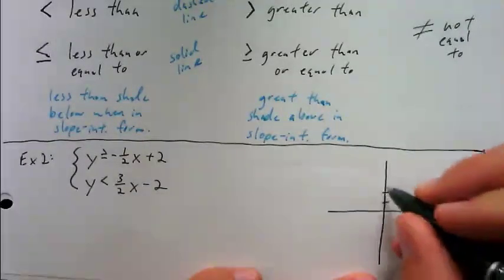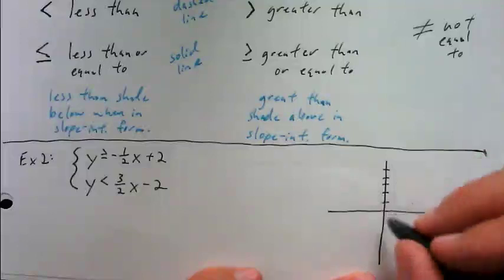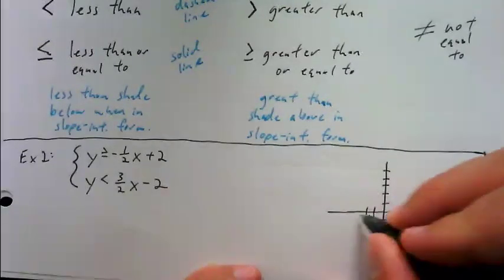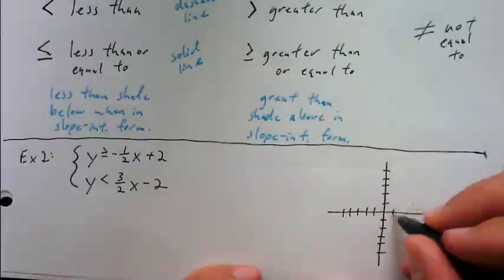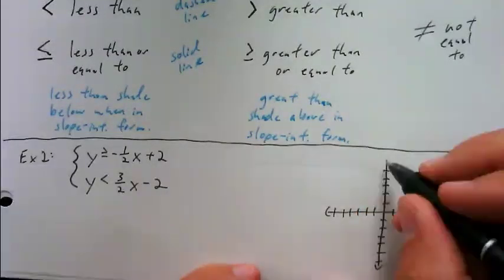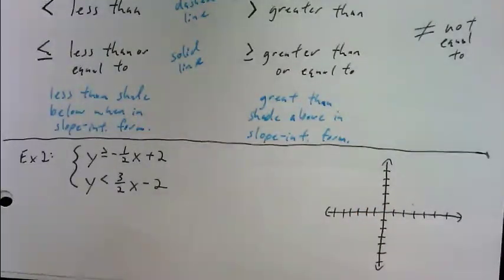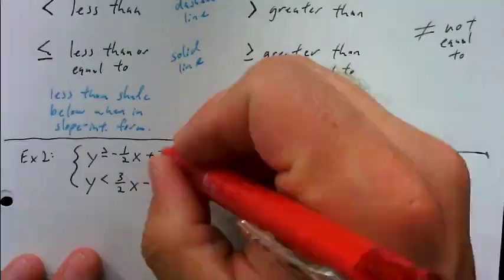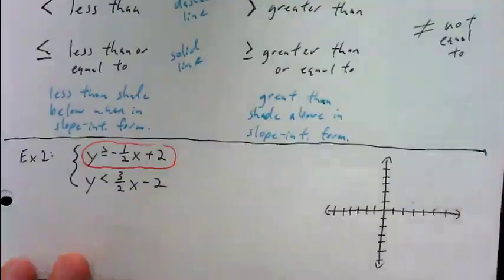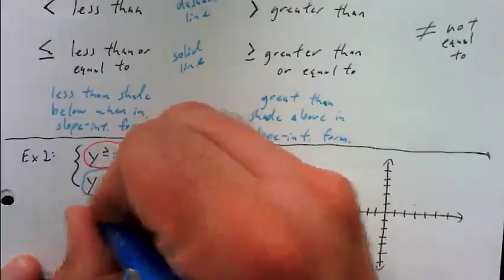So 1, 2, 3, 4, 5. 1, 2, 3, 4, 5. 1, 2, 3, 4, 5. 2, 3, 4, 5. I got room for some extra ones on this one. All right, that's fine. So, same way that I did the last one, I'm going to graph that first equation in red, so it's easy to follow along. I'm going to graph the second equation in blue.